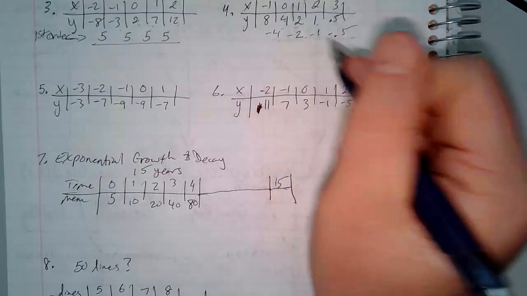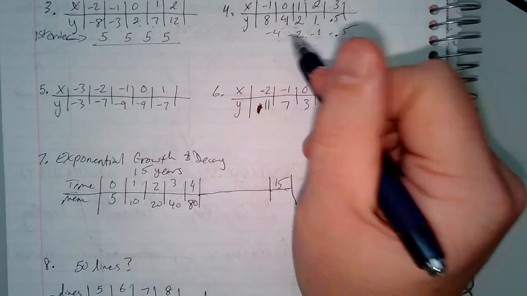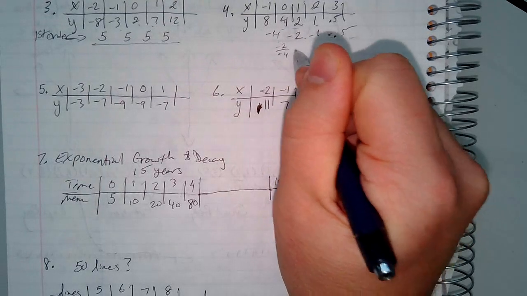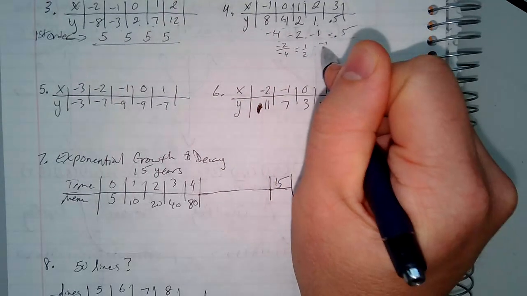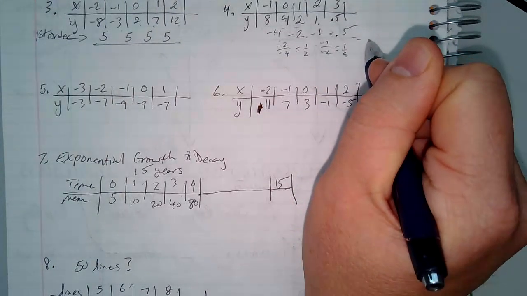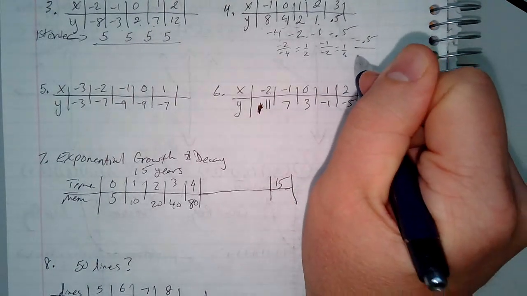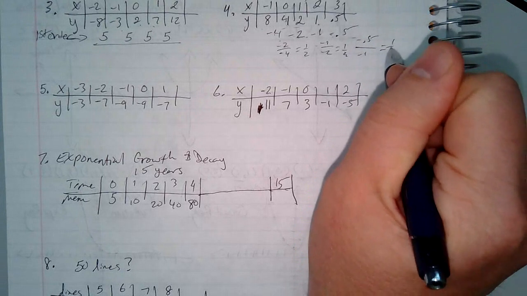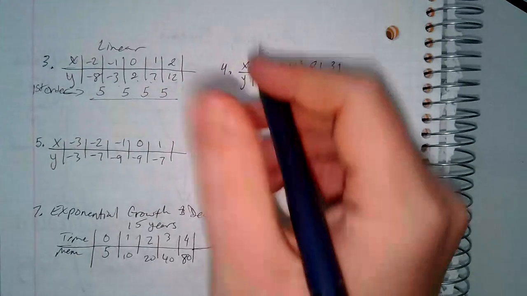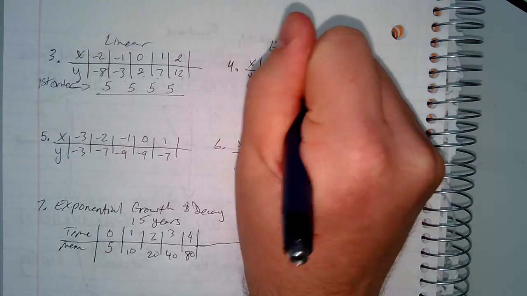The ratios of these are all the same. Negative 2 over negative 4 is going to give me 1 half. Negative 1 over negative 2 is going to give me 1 half. Negative 0.5 over negative 1 is going to give me 1 half. So those are all the same ratios, which makes this exponential.